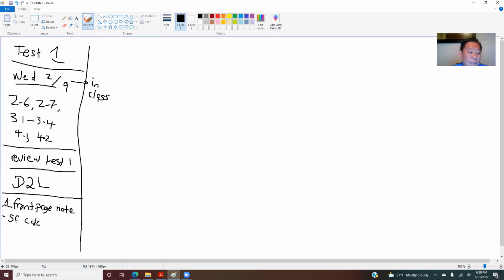So please, no cell phone calculators and no graphing calculators. Go buy one. It's not that expensive, it's like $15. Otherwise, you can borrow one from me during the test time. I do have one, but I do recommend you really get one, just for this class. Anyone have any questions for this test 1?